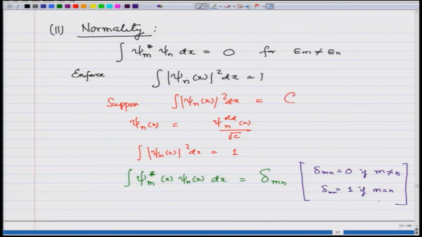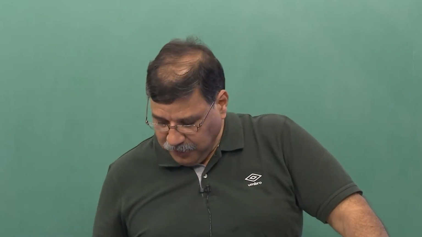So, we have 1, discussed the property of orthogonality, number 2, a convention that we are going to enforce, normality on the wave functions, and third, which I will require again, is completeness of wave functions.